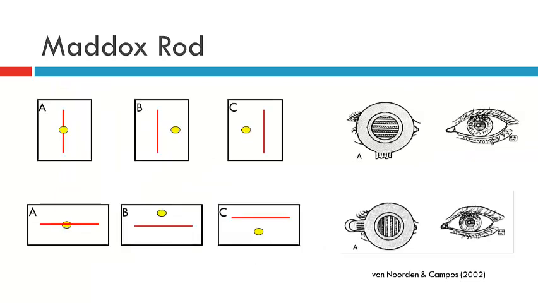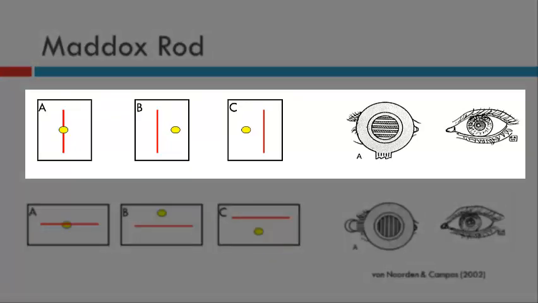Let's just briefly revise what we expect a patient to see. In the top row, we are measuring a horizontal deviation, or the horizontal component of a deviation. In A, we see no deviation, or what the patient will see when the prism neutralises the deviation.